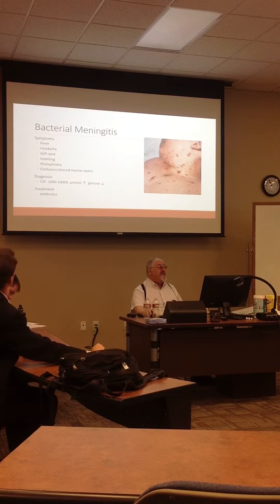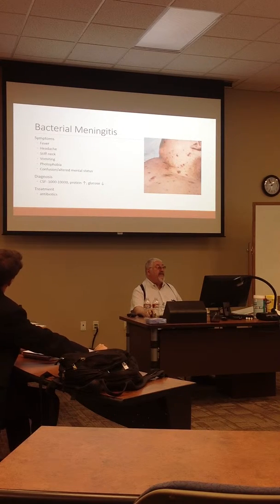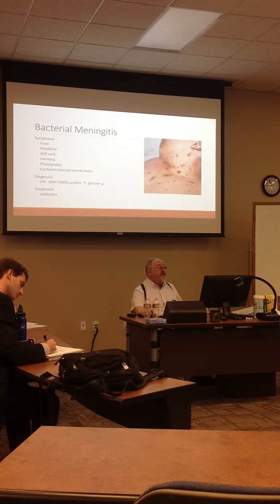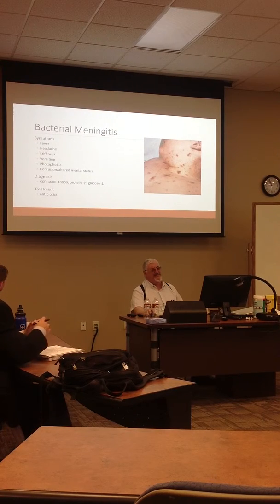Okay, this is bacterial meningitis in an infant, and those are purpura on the body. That's as a result of streptococcus. The CSF shows an increase in protein, a decrease in glucose because the organisms are feeding on the glucose. Treatment is antibiotics.